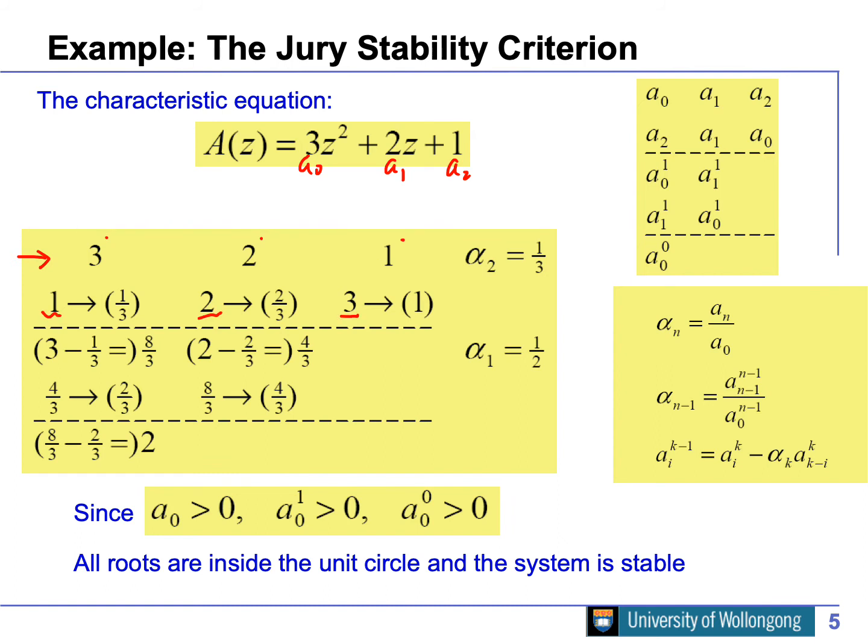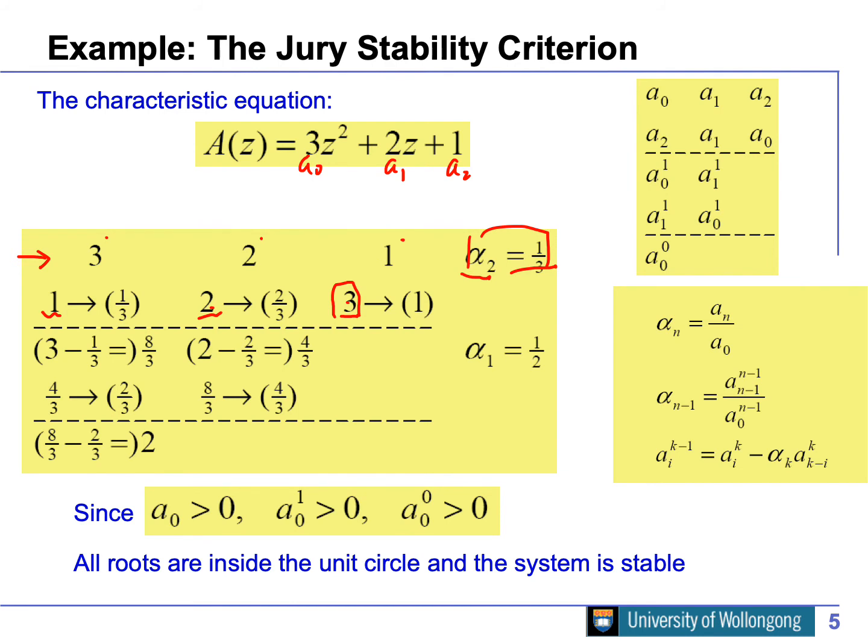Then we figure out what alpha is. The purpose of alpha is to get the last value, A0, to be the same as A2. So obviously here we multiply by 1/3 to get the last item the same. So divided by 3, 3 becomes 1, 2 becomes 2/3, 1 becomes 1/3.